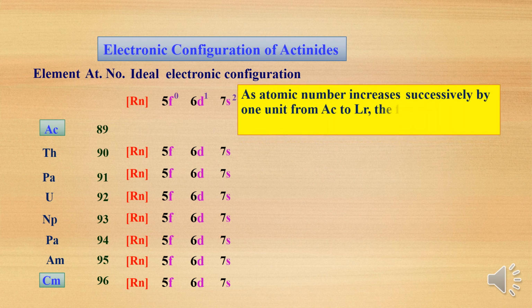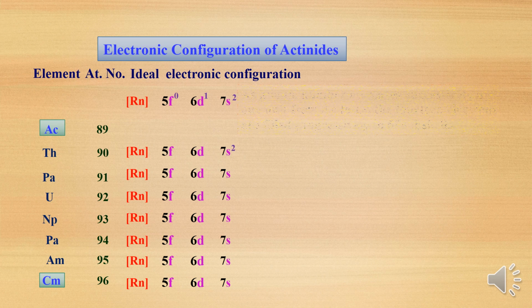Now as atomic number increases successively by 1 unit from actinium to lawrencium, 14 electrons are filled progressively in the 5f subshell. You can see 7s2 6d1 5f1 for one atomic number increase.